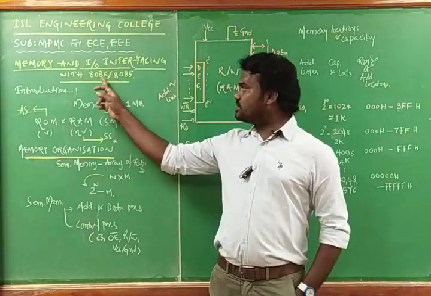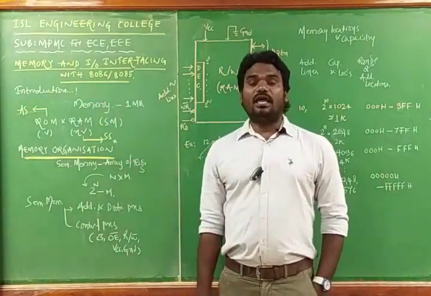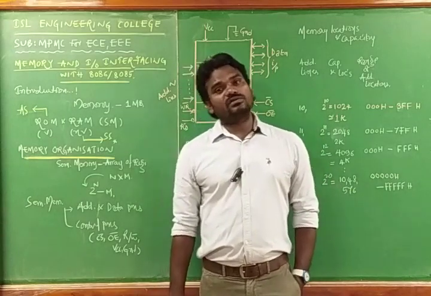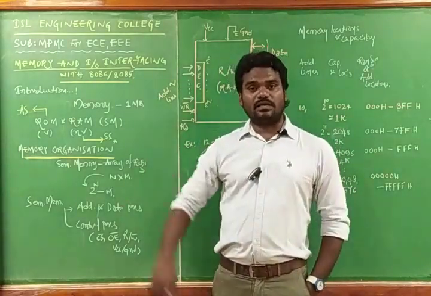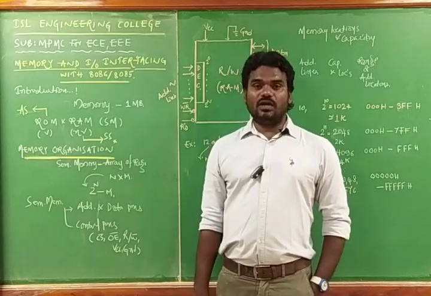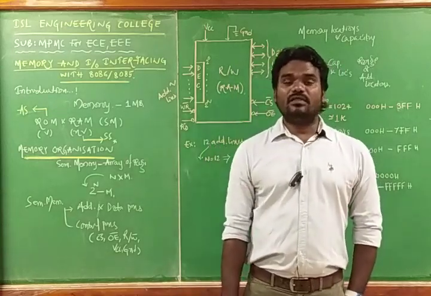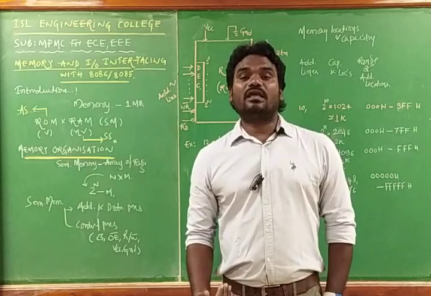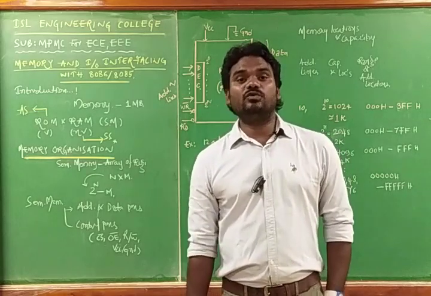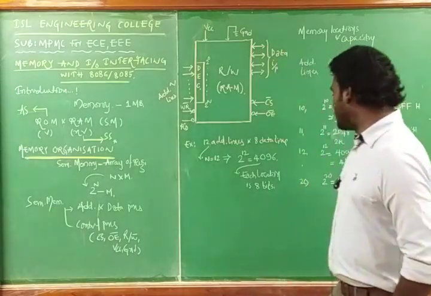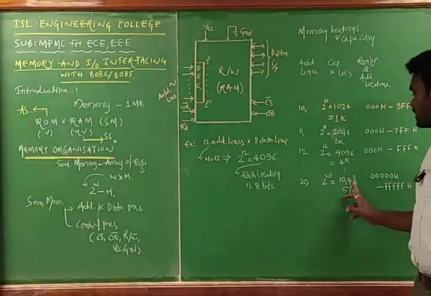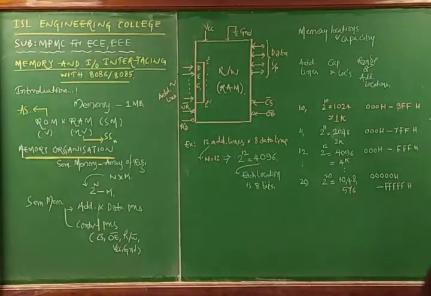In the case of the 8086 microprocessor, it has 20-bit address lines. These 20-bit address lines give a maximum capacity of 2 power of 20 memory locations.